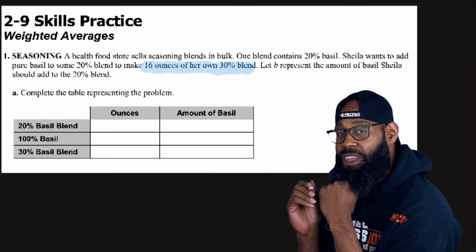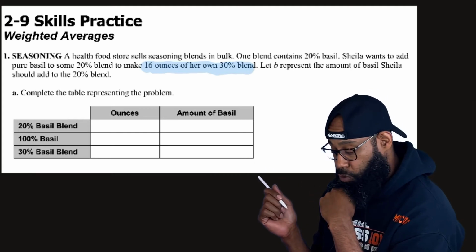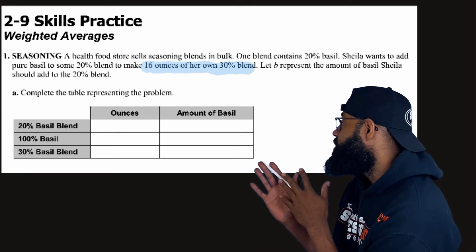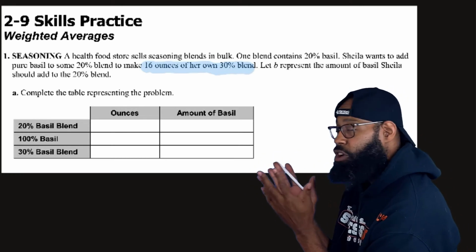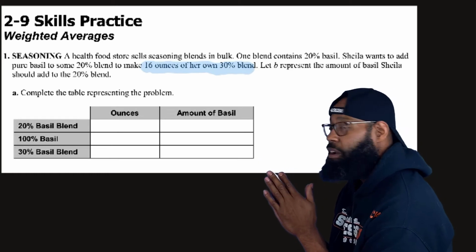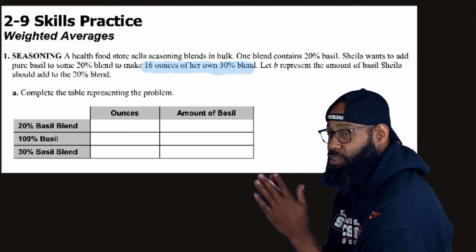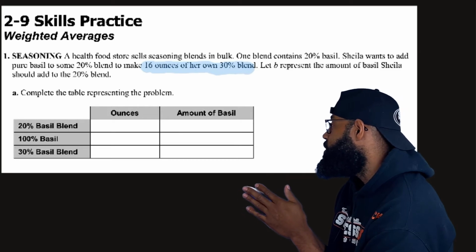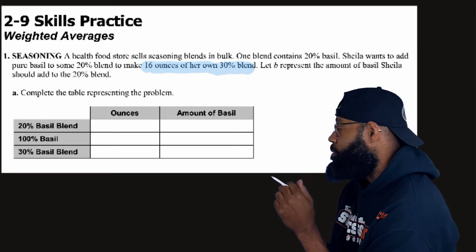Making sure you get everything in that table correctly. So the reason why I'm pausing is you already noticed that I pointed out it says 100% basil in the chart, but it says pure basil in the paragraph, in the words, right? The sentence. So right there, 100% basil, well, that's the pure basil that she's adding to the 20% blend.